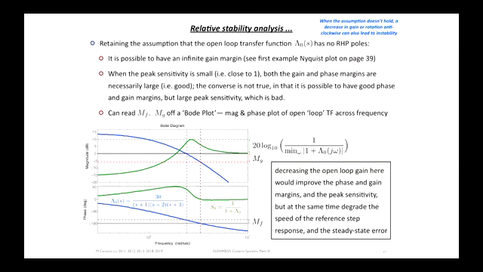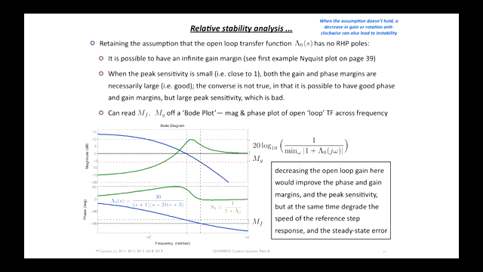So these are the sorts of things that are also easy to read off a Bode plot rather than just looking at a Nyquist plot. All right? So the key thing to remember is that phase margin is about the crossover frequency. It's about the frequency where the open loop transfer function crosses the 0 dB line. Remember, 0 dB is 1, because log of 1 is 0. Okay?